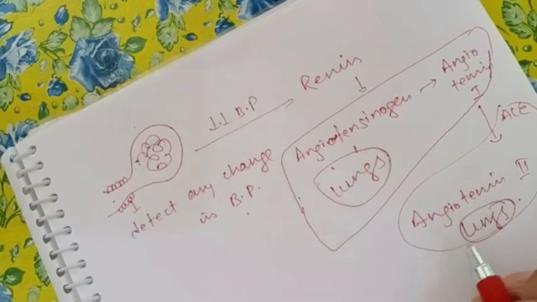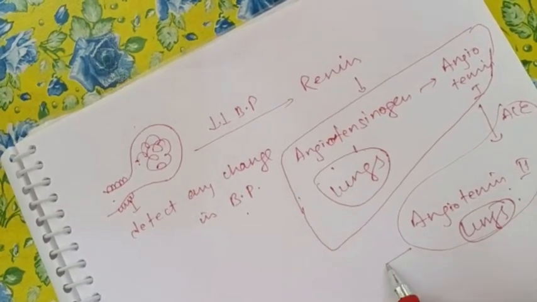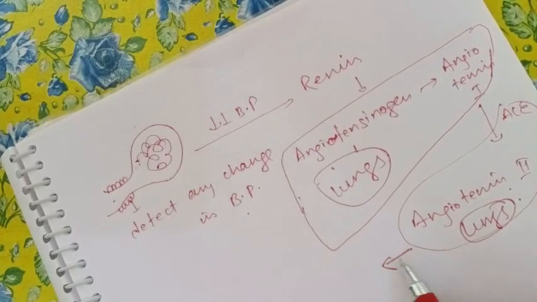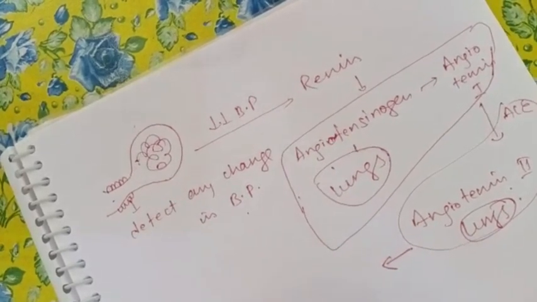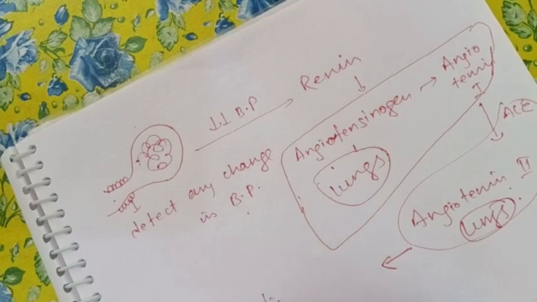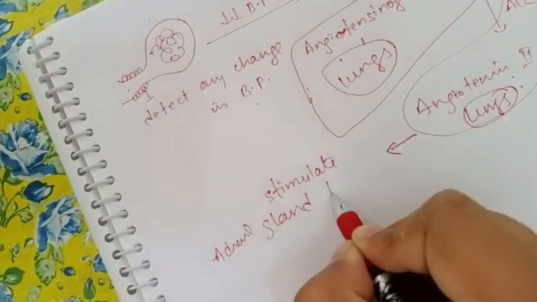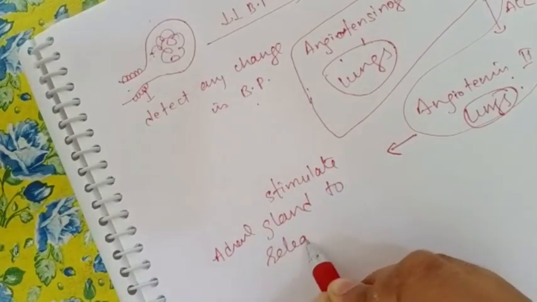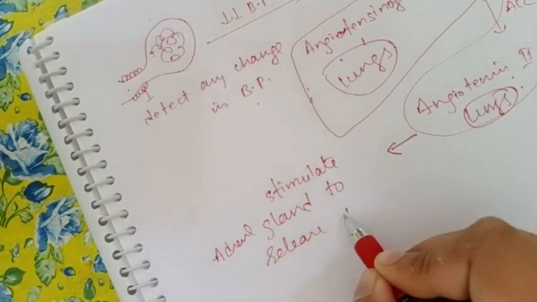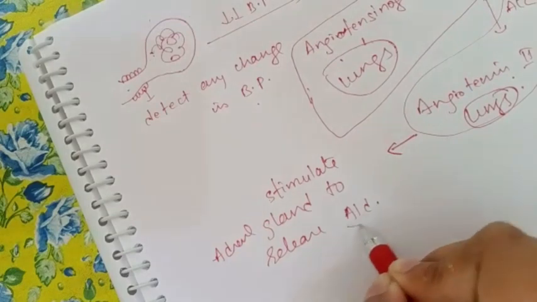Now this angiotensin 2 will go to the adrenal gland and stimulate it to release aldosterone.